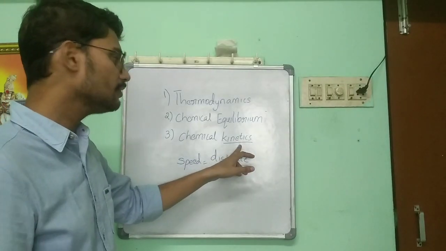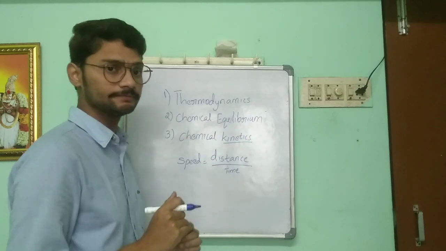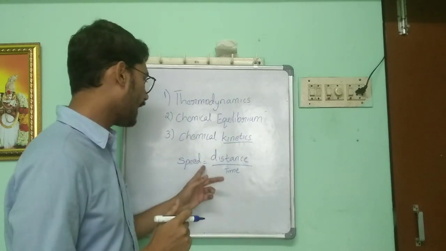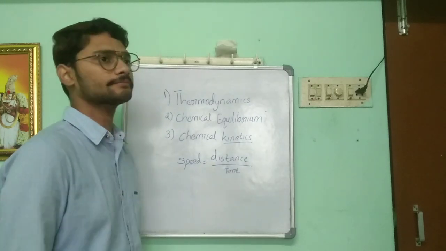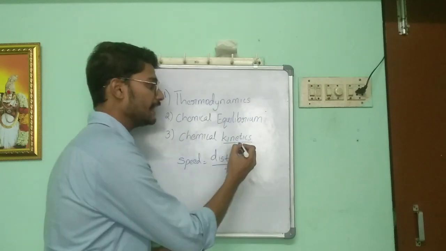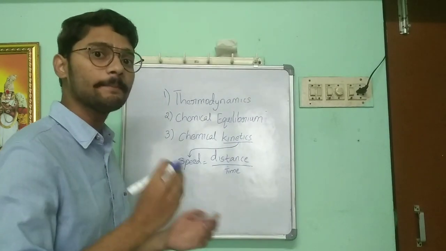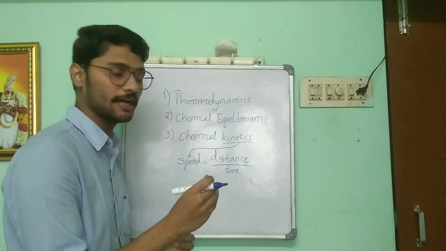Kinetics also refers to some sort of motion, and speed is also some sort of motion. Kinetics is also calculated with respect to time, and in speed also it is distance with respect to time. So kinetics is nothing but the speed of the reaction. What is the pace of the reaction? How fast a reaction can occur, or how slow the reaction can occur.